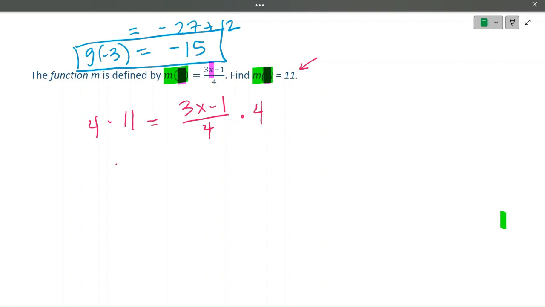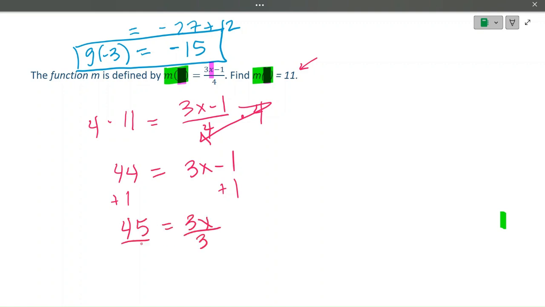When I do that, I get 44 equals 3x minus 1. Now I'm continuing to follow the order of operations. Now that I've got that fraction out of the denominator, I'm going to add 1 to both sides, which gives me 45 equals 3x. Divide by 3 on both sides, and x equals 15.